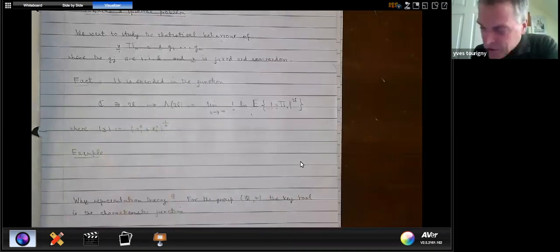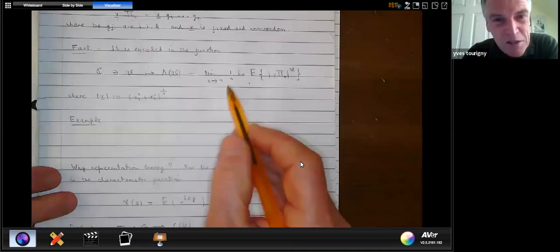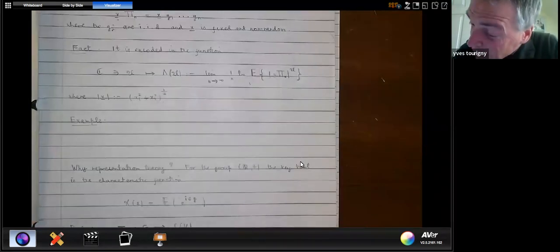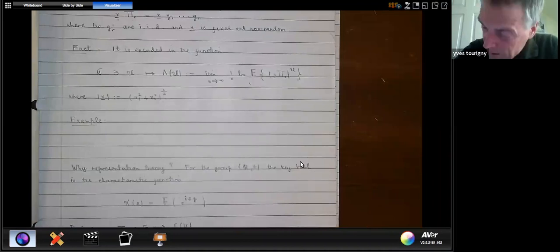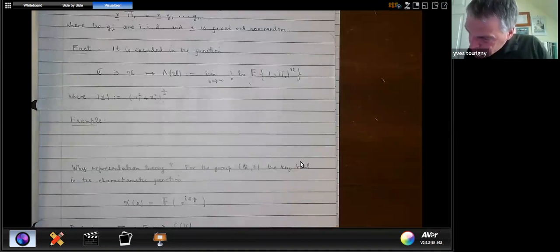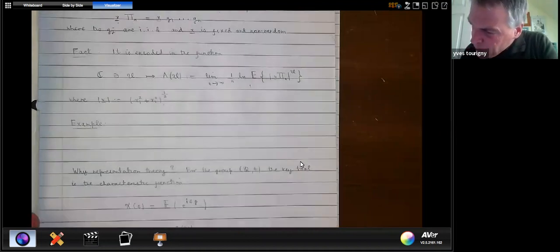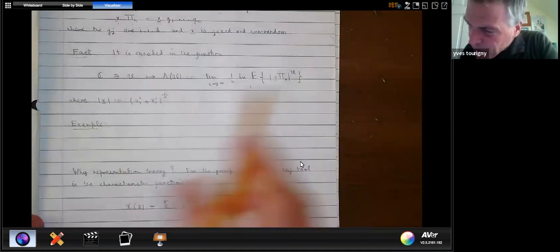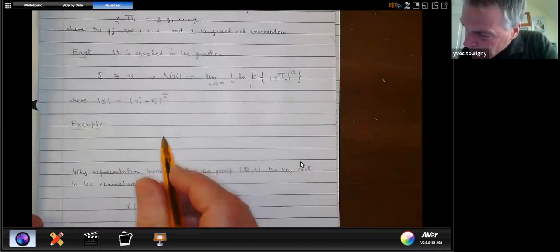It's somewhat elusive because it's expressed as a limit, so it's not clear how you can compute it. Right. So I want to make the point that this encodes the statistical properties of the products.